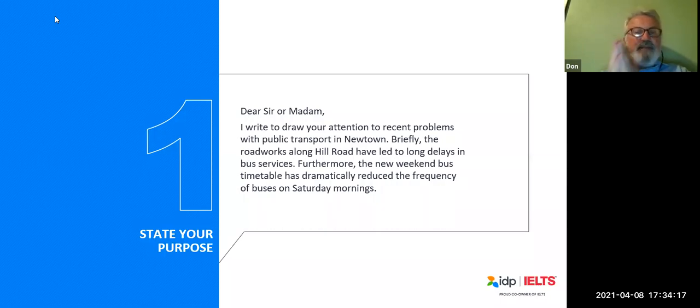Furthermore, the bus timetable has reduced the frequency of buses. 2 problems are mentioned. Why 2? Because the task asks for problems, not one problem, problems. So be careful. Is the task asking for you to describe one problem or 2 problems? One solution or 2 solutions? One event or 2 events? Be careful about that.